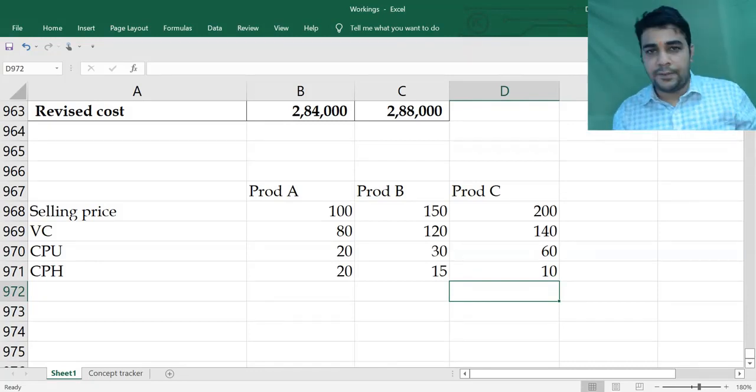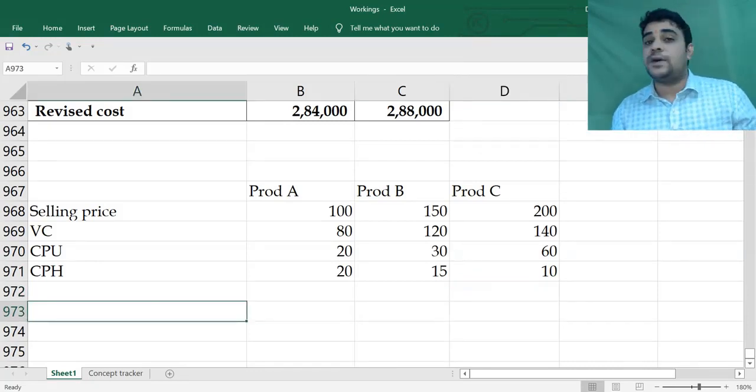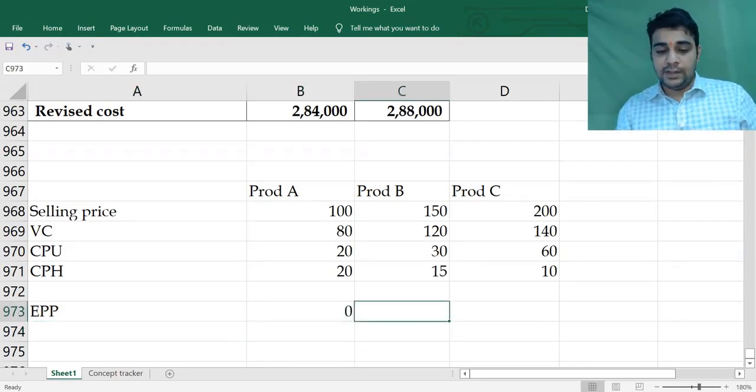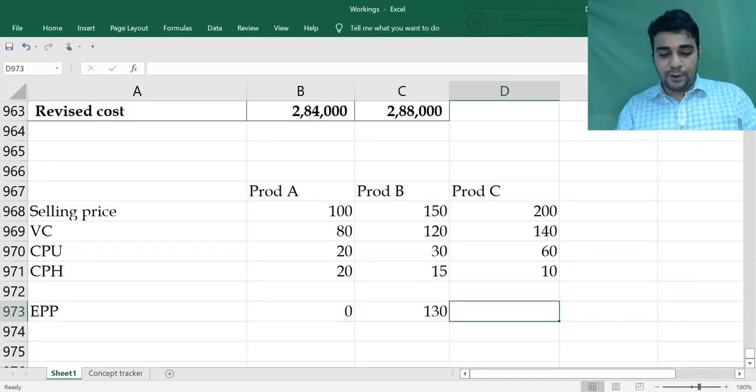Suddenly I get information saying that these three products, I can buy, or not these three products, only two products. I get an option saying that external purchase price, for this product nothing can be done. This product, if you want, you can buy it from outside at 130, and this product you can buy it from outside at 170.